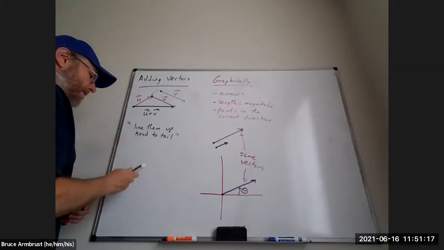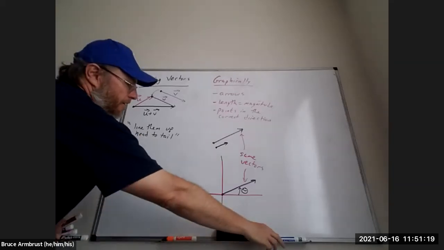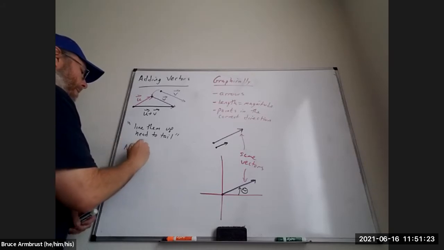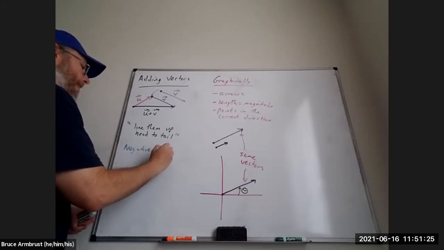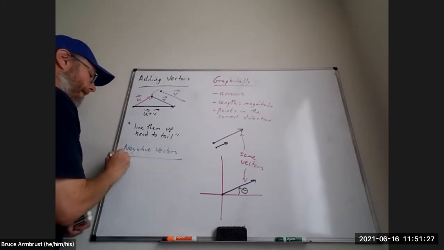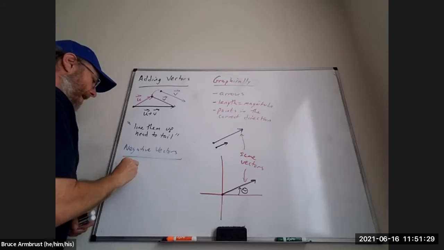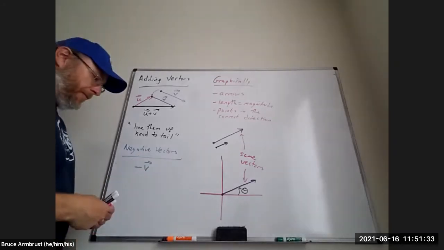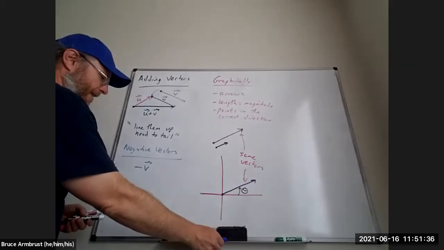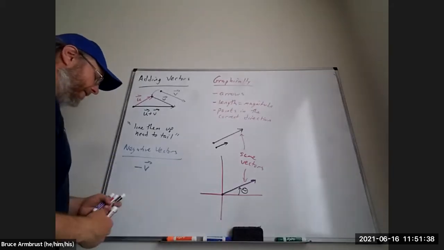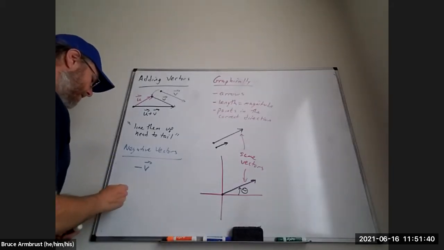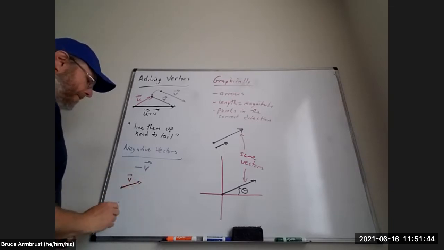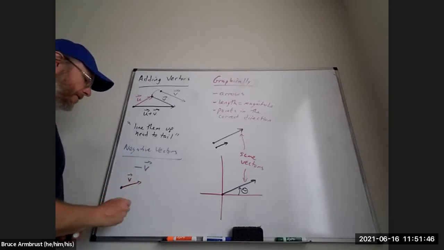Now, something else that we can have are negative vectors. Like, what does it mean to have negative v? Well, you're going to like these. These are kind of fun. They're kind of easy. So let's just say that here is a vector v. Right? So it's got a length pointing in a certain direction.